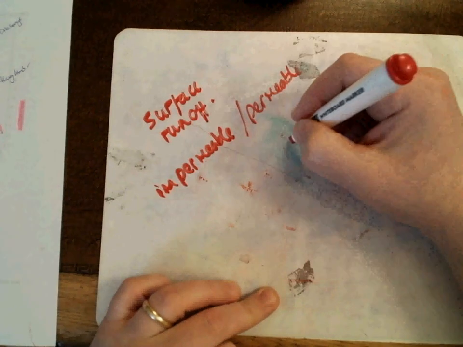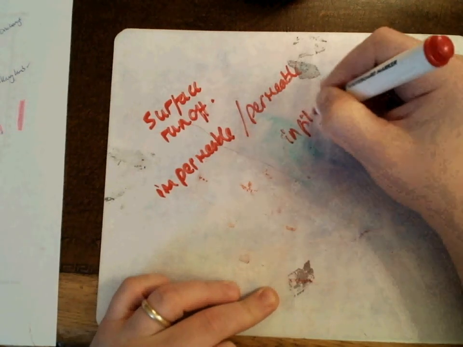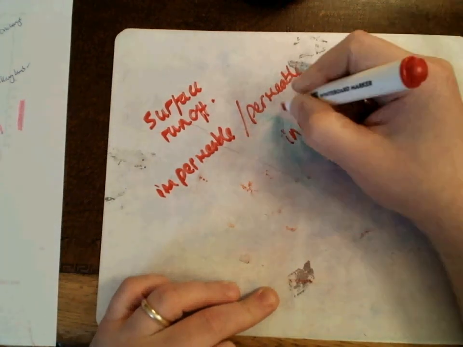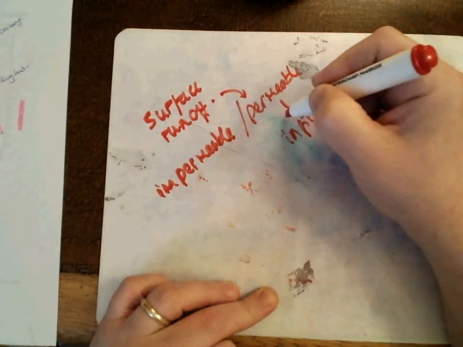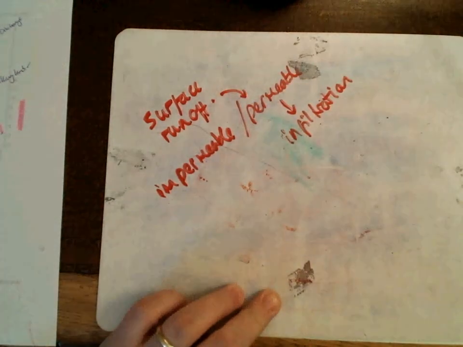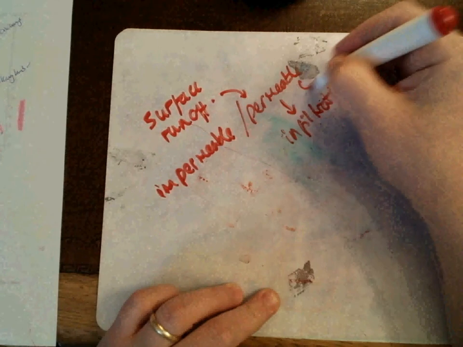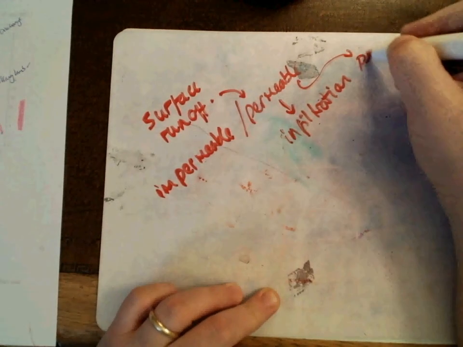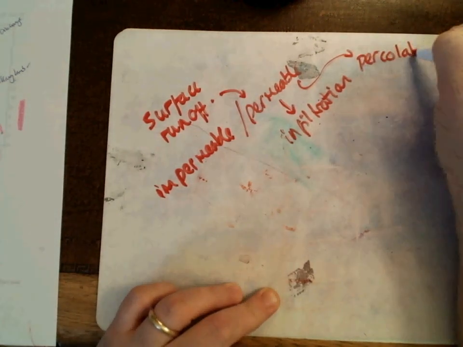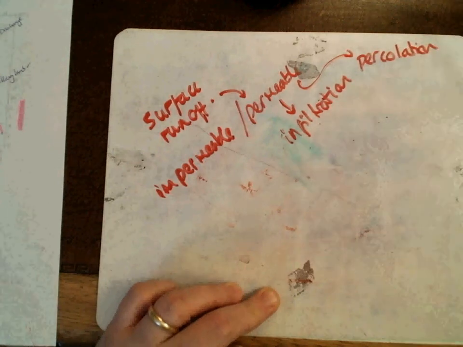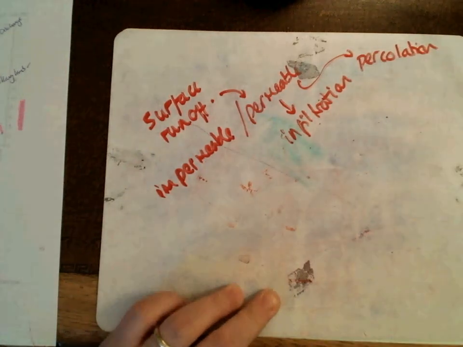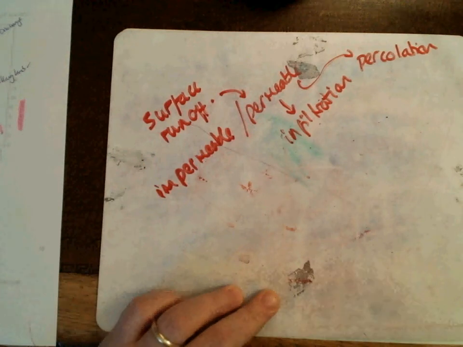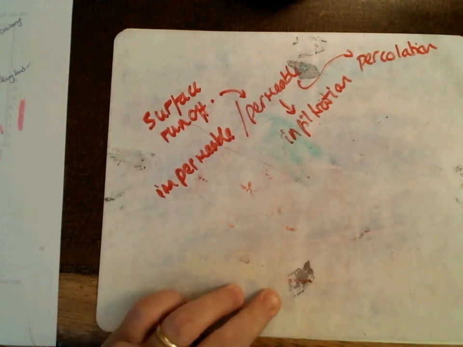If it's permeable, then there's going to be a process of infiltration. If it's a permeable rock, this could lead to a process of percolation, which just means dripping down through the rock.